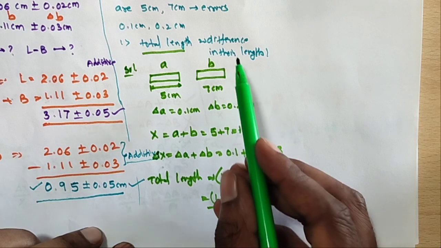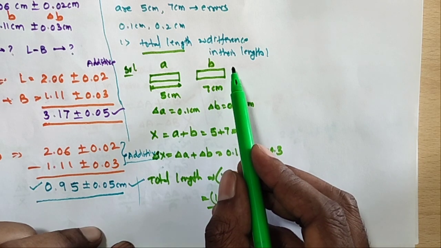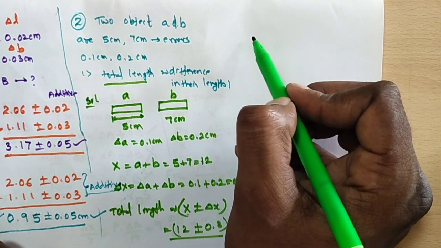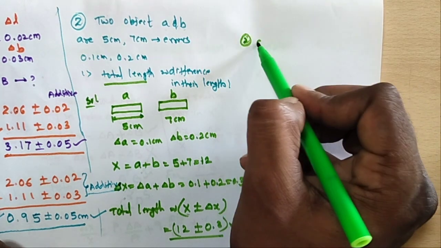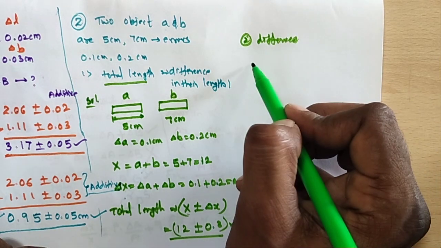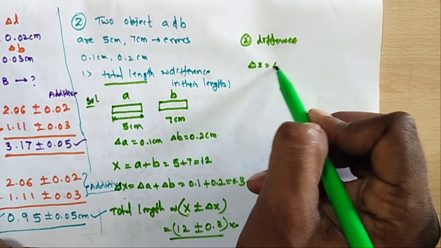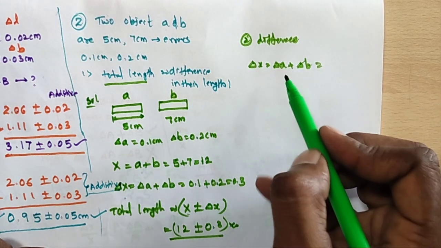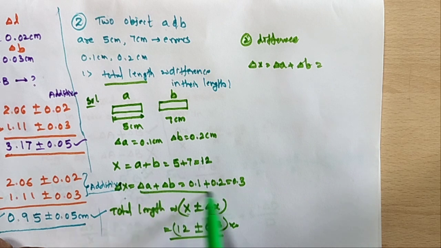And the second one, what is the difference in their length? The error in the difference: so the second one, difference in length. So always delta x is equal to delta A plus delta B. Don't take the subtraction. What is delta A plus delta B?